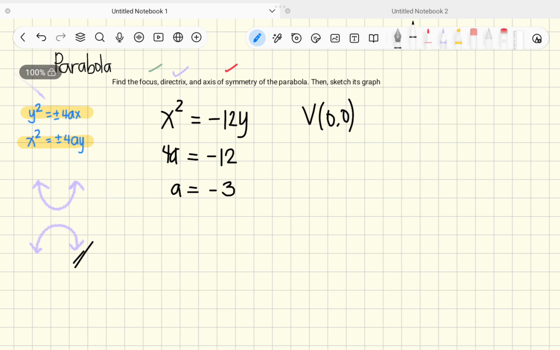Since we have here already the value for a, we can already identify the focus. Okay, so suppose this is your x-axis, suppose this is the y-axis. So we know that the vertex is still at the origin.